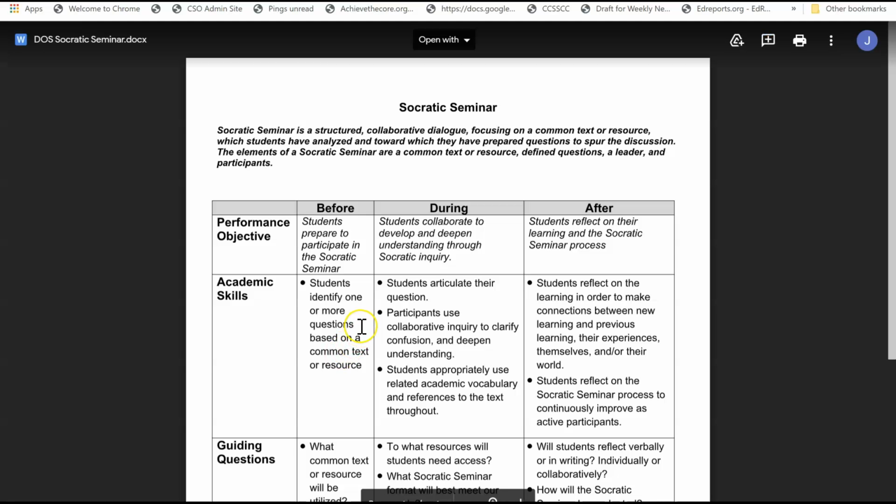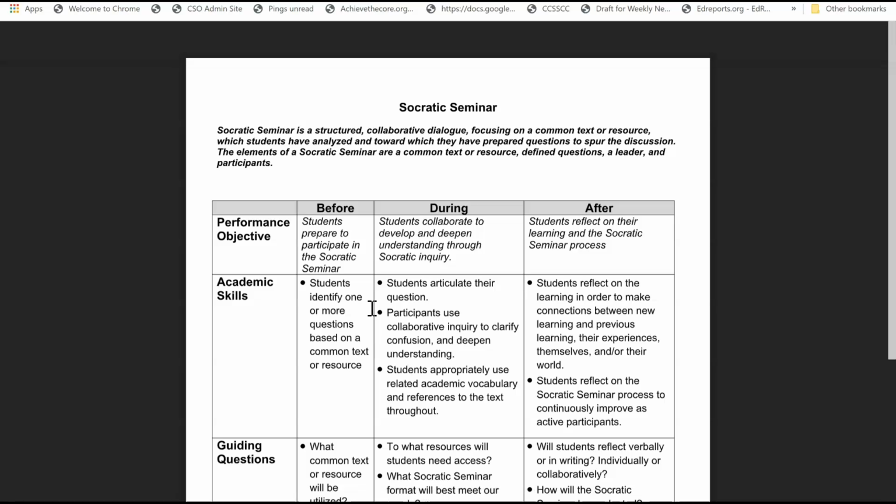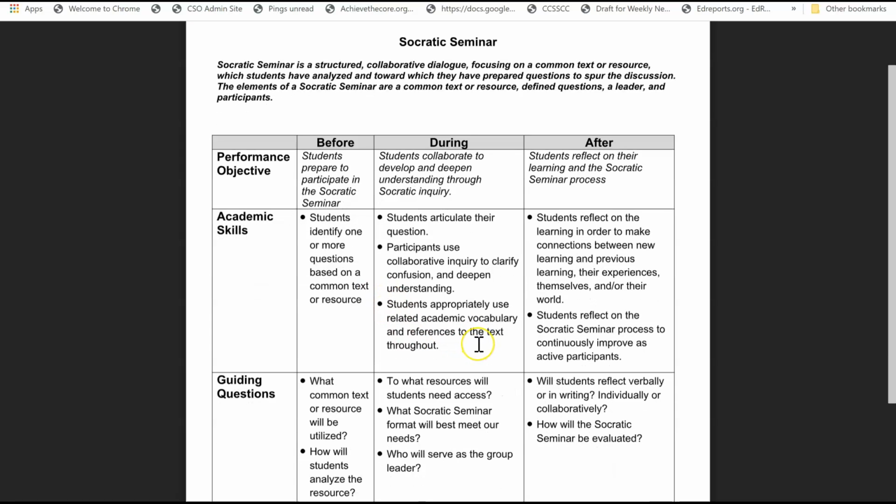Another nice template, or actually a guide that I give you, is on Socratic Seminar. So Socratic Seminar is going to be during that good collaborative work when your students have your notes and they have questions that they want to discuss. And this gives you some of the before, during, and after skills, performance objectives, and guiding questions that you may want to use.